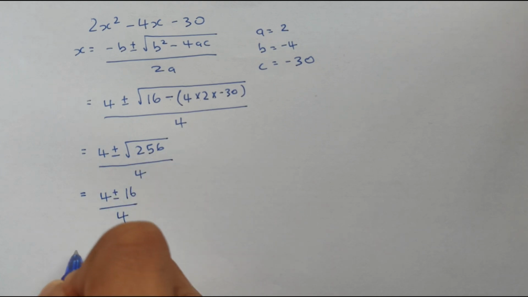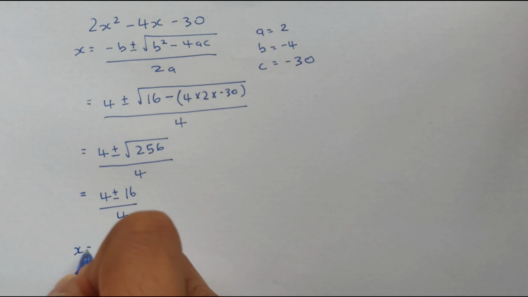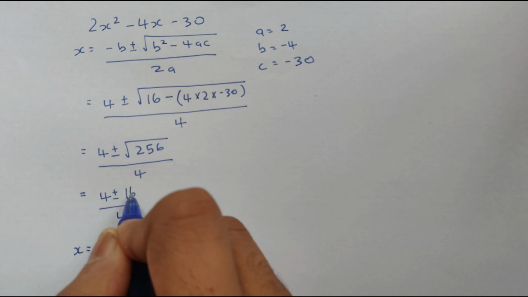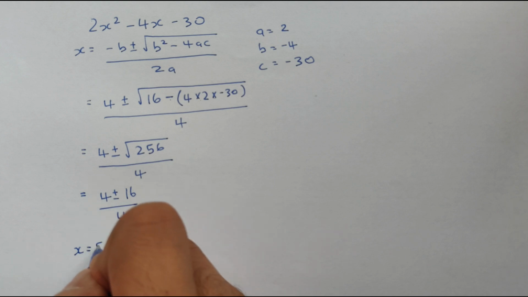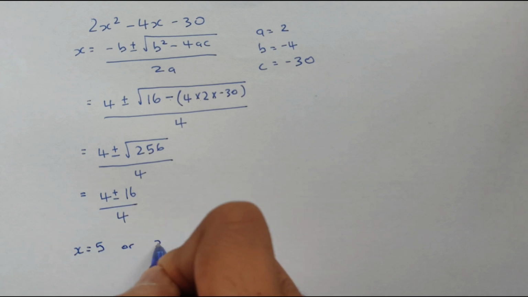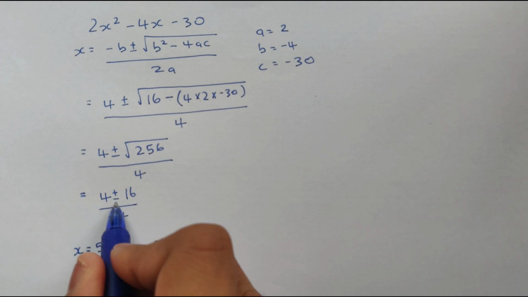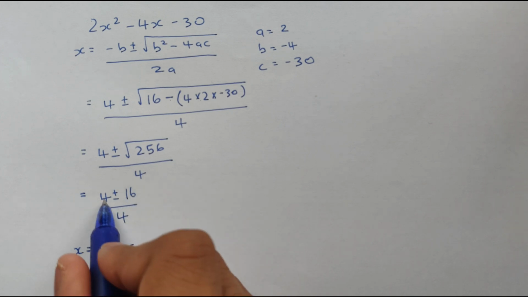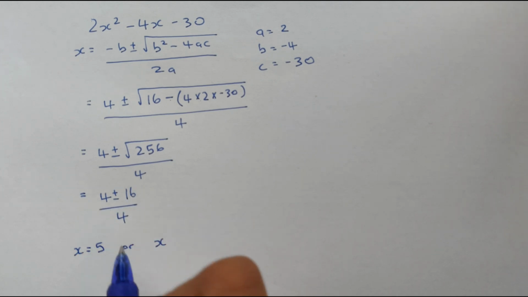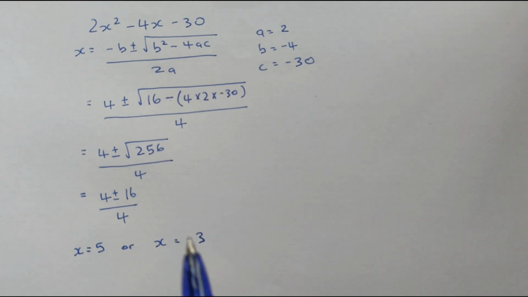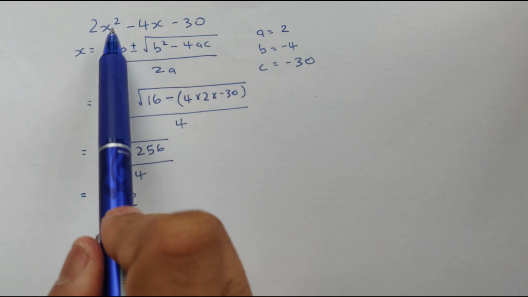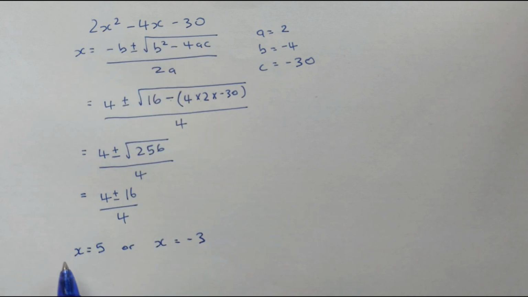And doing this, we get two values of x, which equals 4 plus 16 over 4, which is 20 over 4. So x equals 5, or x equals 4 minus 16, which is minus 12, over 4, which equals minus 3. So using the quadratic formula to solve this quadratic equation, we get x equals 5 or x equals minus 3.